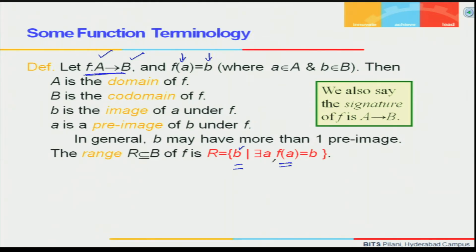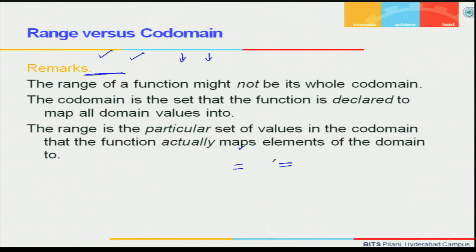Some people also call A to B the signature of f. If you observe, the range of a function might not be its whole codomain.